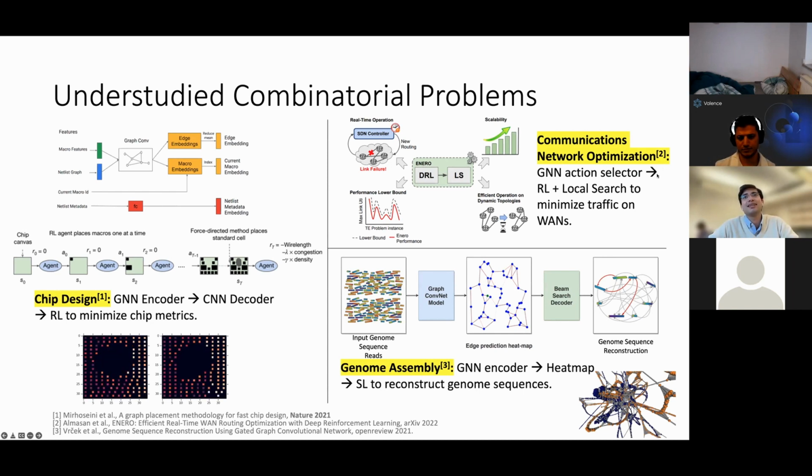And here again, the networks are graphs, so you encode them via GNNs, and then they cleverly set up a reinforcement learning combined with local search.